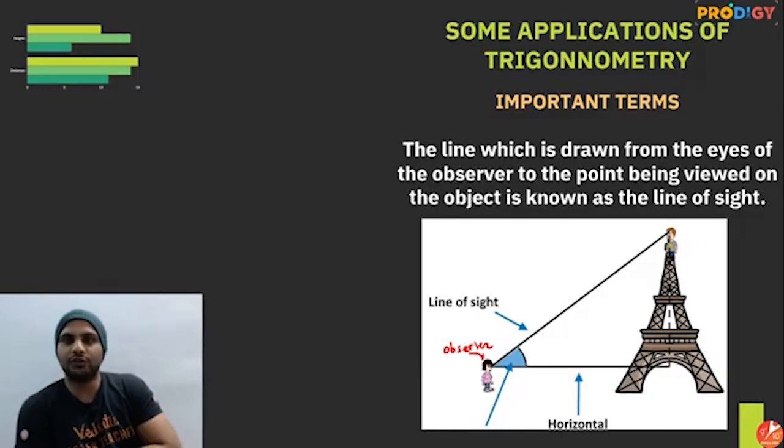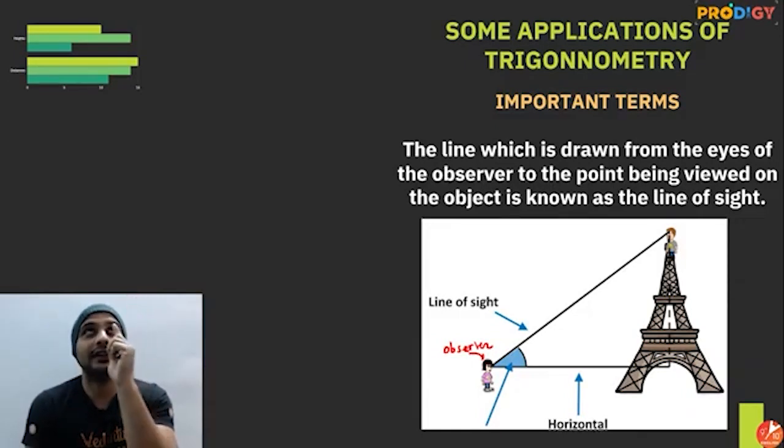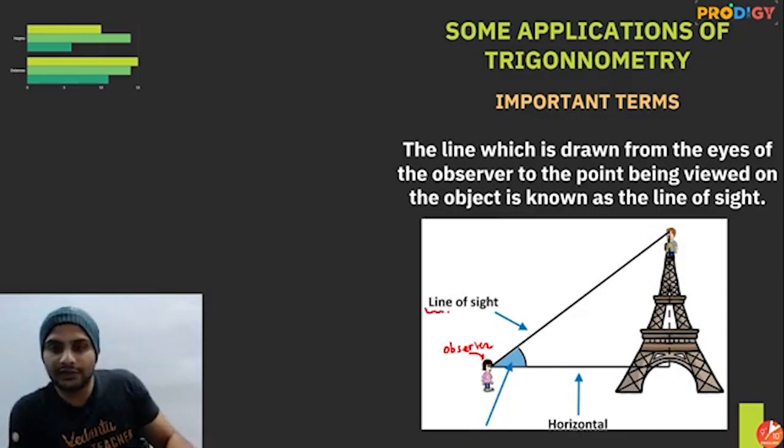Okay, so you are looking at something. Suppose you are looking at anything in your room. So you are the observer, and wherever you are looking, that will be your object. Now understand one thing. The line joining your eyes with the object, whatever object you are looking at, is called the line of sight.